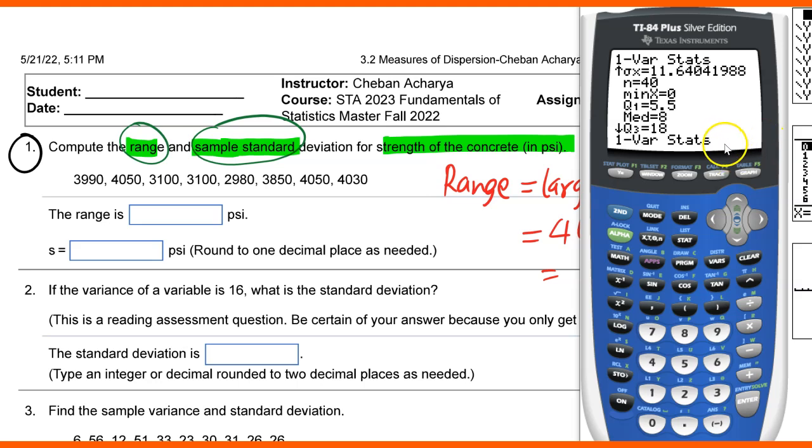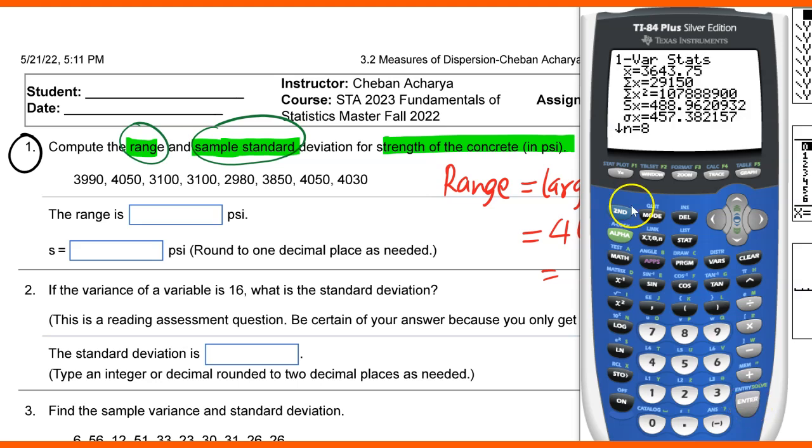Since my data is in L3, I type L3, which is above 3, so press second and 3. It gives you L3, and press enter.